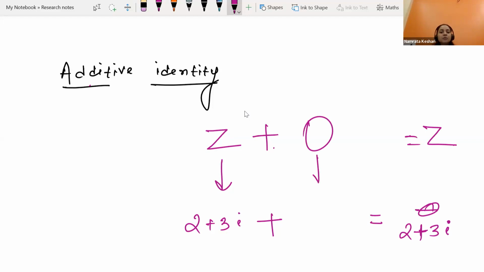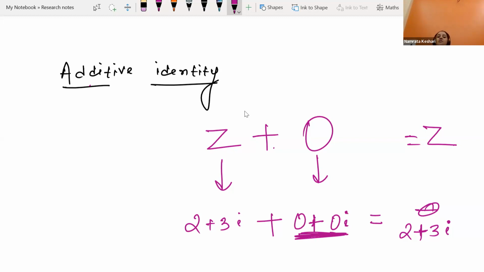Now this 0 can be written in the form of a complex number. On day 1 I was telling you that 0 can be written as 0 plus 0i. We can represent it in the form of a complex number. Here the real part is 0, the imaginary part is 0. Yes or no? Yes, ma'am.